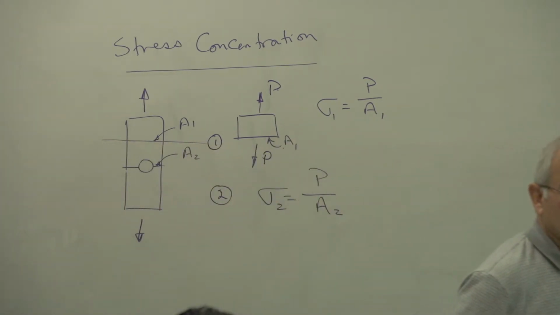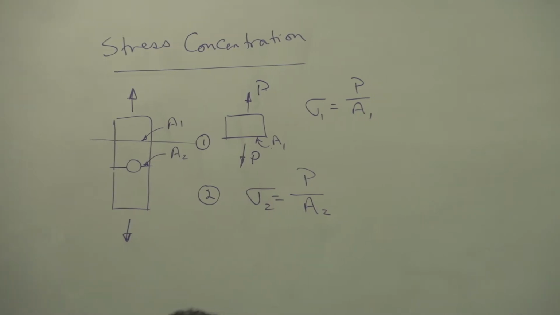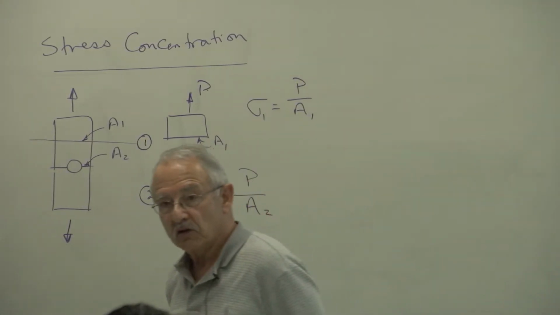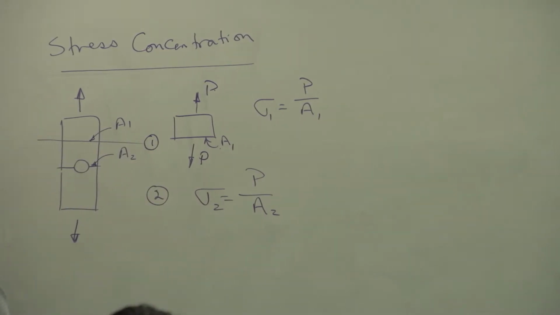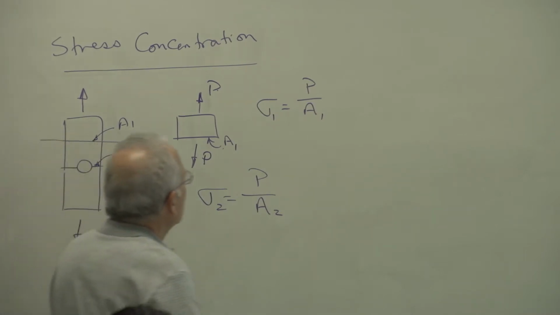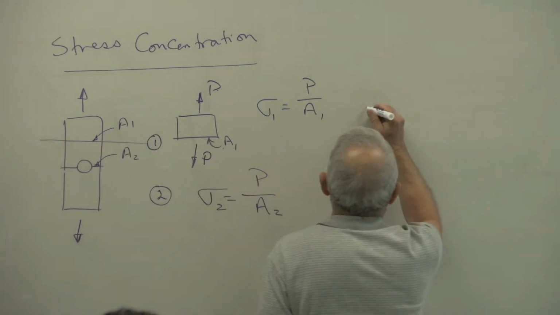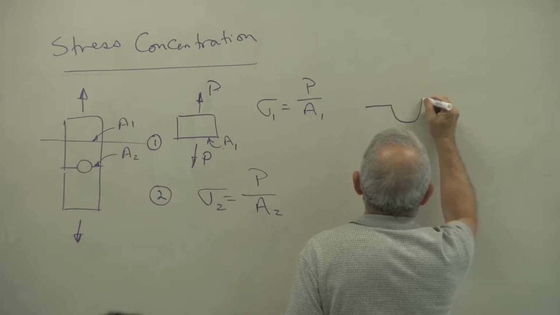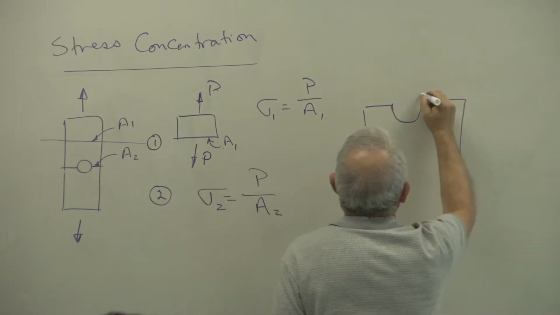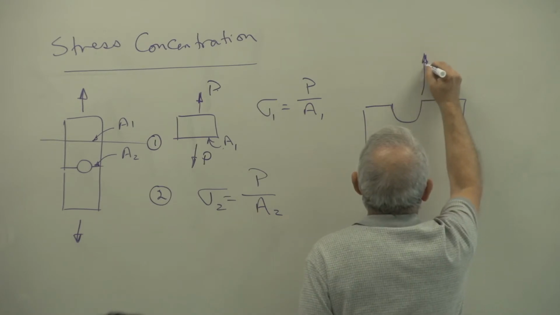They are larger near the hole, in this case, and smaller away from the hole. So although the average stress is still P over A, the distribution is different. If we take a look at the distribution of those stresses, we'll find something like this.